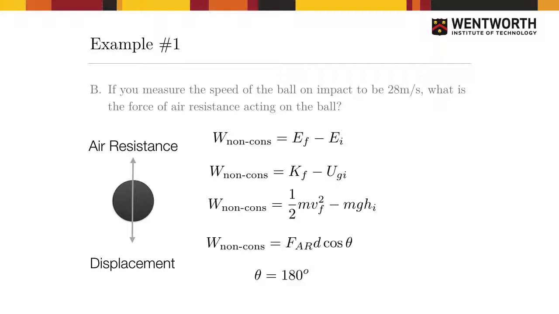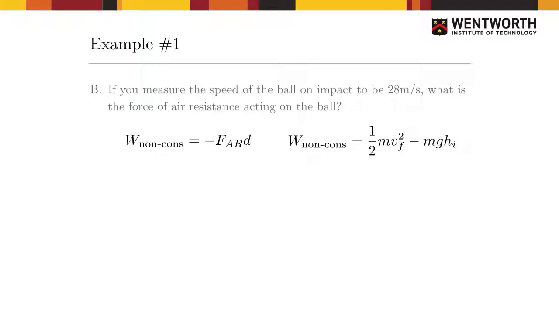Therefore, the angle between them is 180 degrees, and since the cosine of 180 degrees is -1, we can just replace the cosine of theta by -1. Then we find that the non-conservative work is just the magnitude of the force of air resistance times the distance the ball has fallen through the air, with a minus sign.